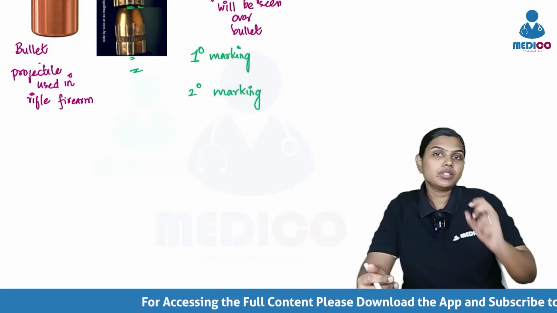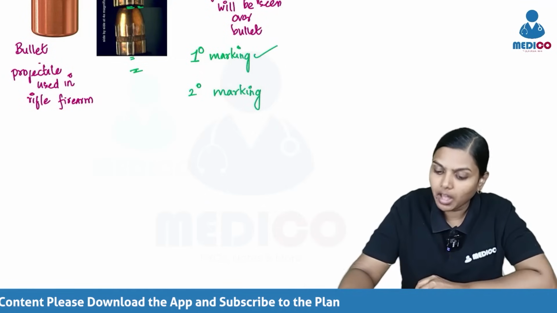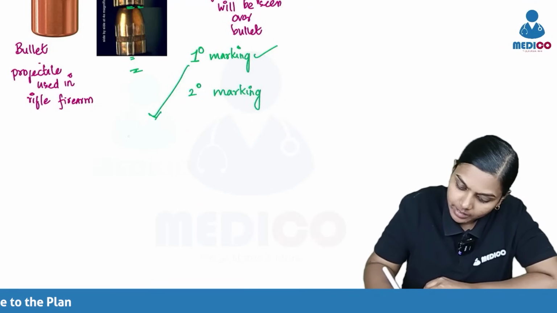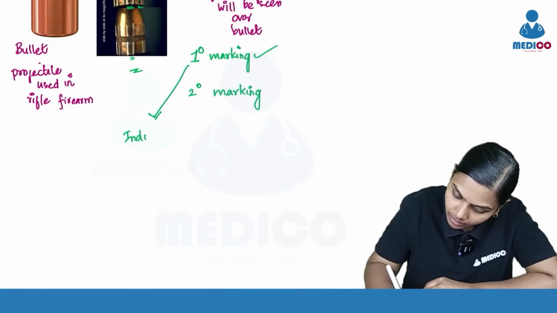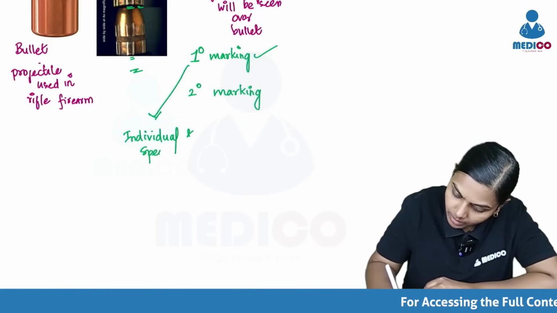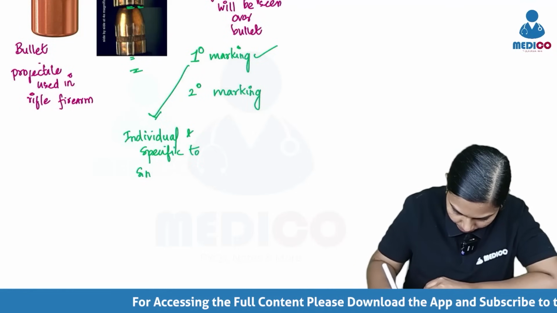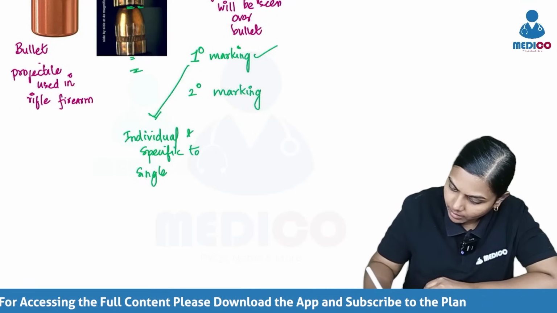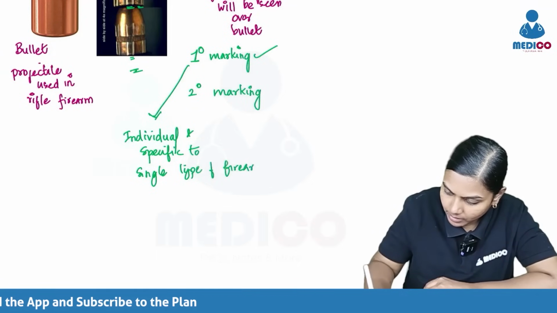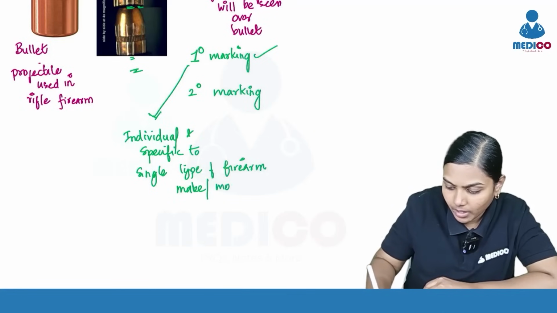What is the difference between primary and secondary marking? This primary marking is individual and specific to a single type of firearm, that is, the make and model.